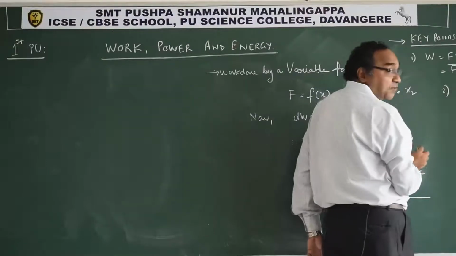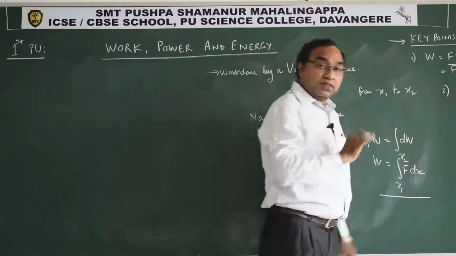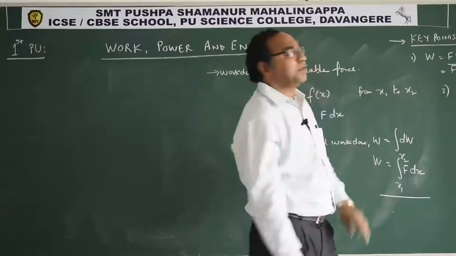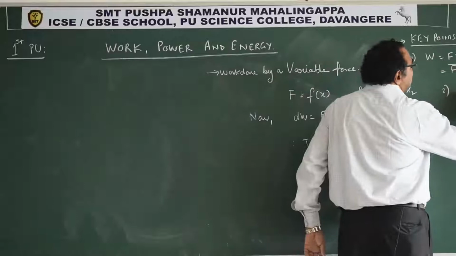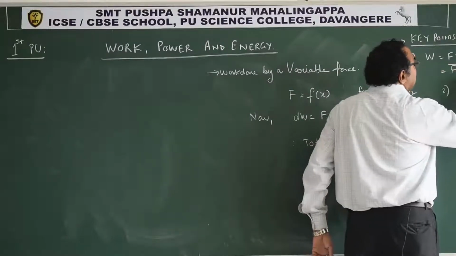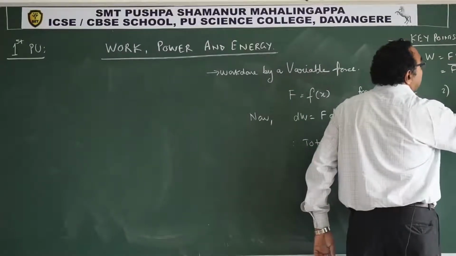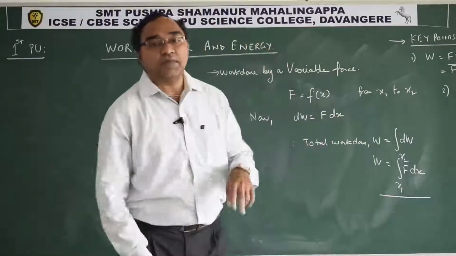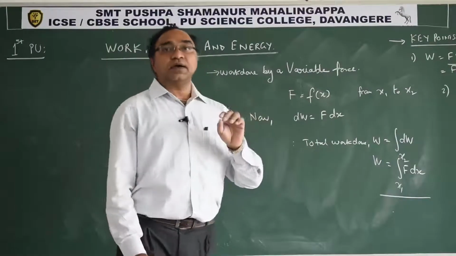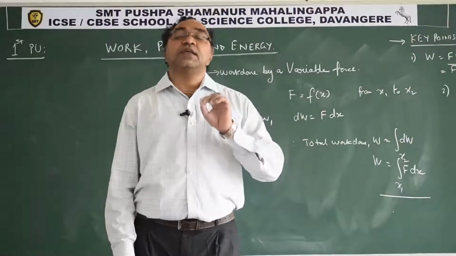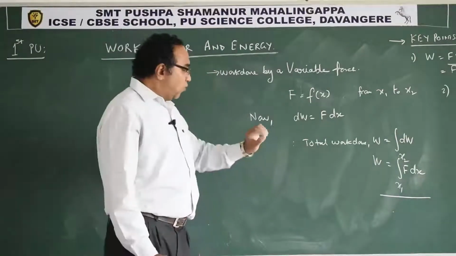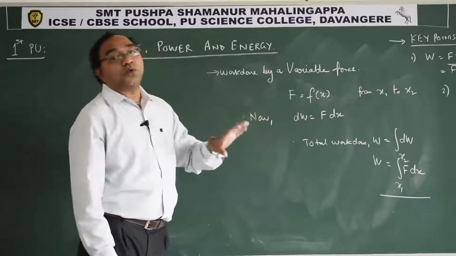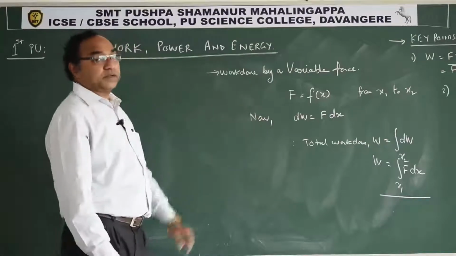And the second, if it is a variable force, W is integration from x1 to x2 of f dx. You have only two formulae to remember. These are the only two formulae which you will be using to calculate work done by any force in any situation. To help you understand how to use this integration, I am taking now one numerical based on this fact.